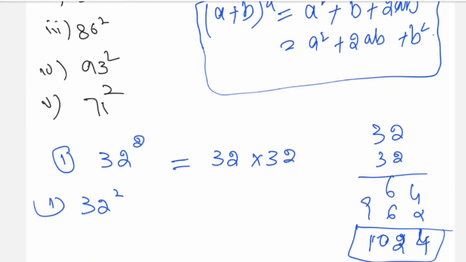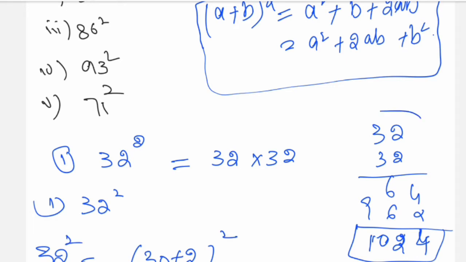Now we have 32. So 32 we can write as 30 plus 2. We know that 30 plus 2 is 32. So there is no difference between writing 32 or 30 plus 2, and then we square it. We will see it.